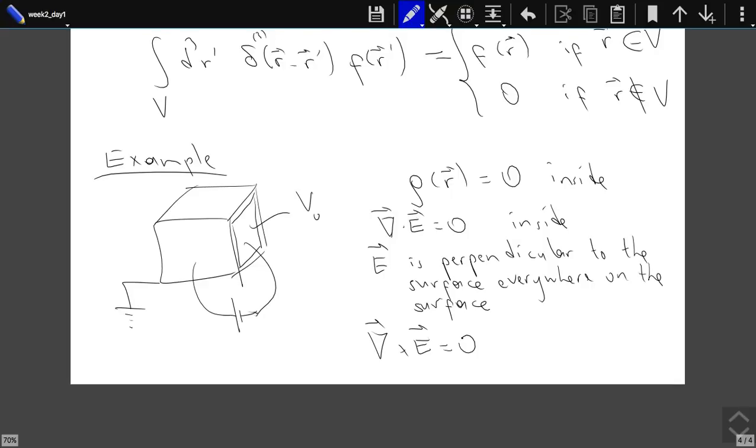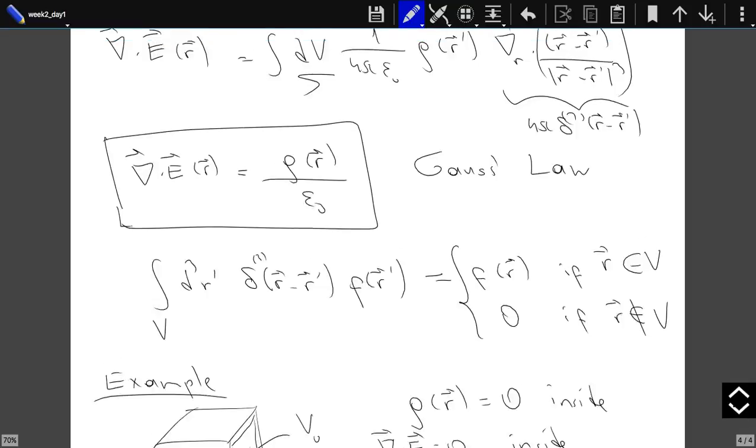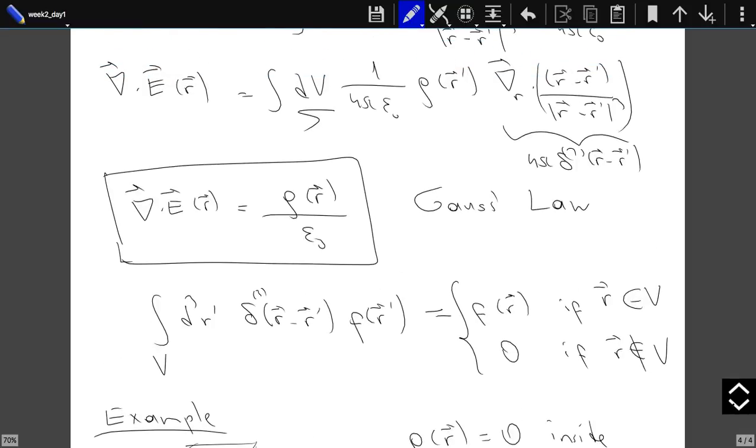But once we determine the electric field of the cube, well, we can calculate its divergence everywhere. So we can determine the divergence of the electric field, and this will give us the charge density on the surface of the cube. So don't read this equation from, okay, given rho, we can determine the electric field.